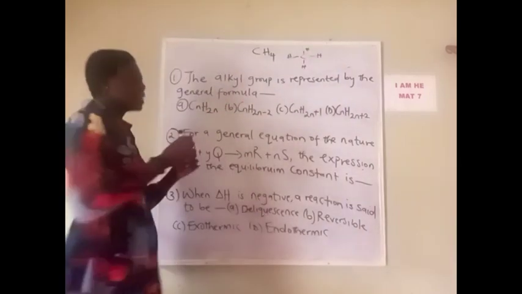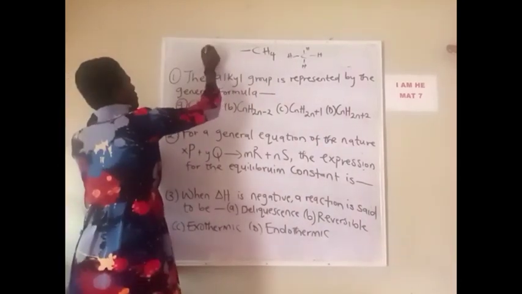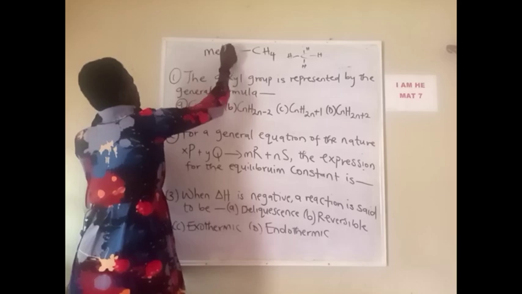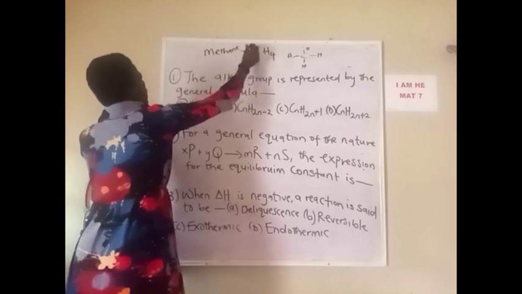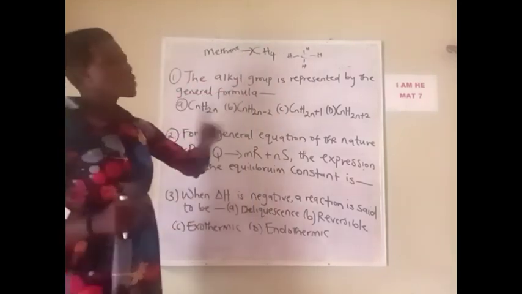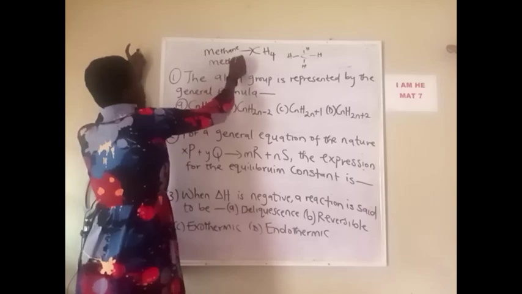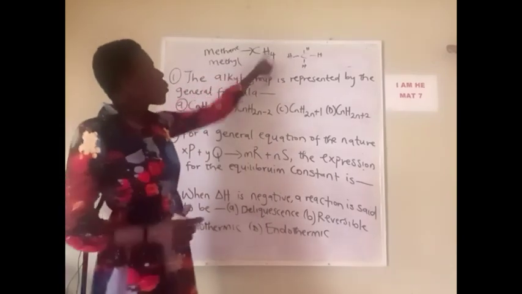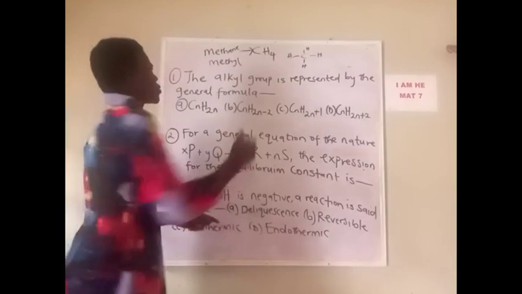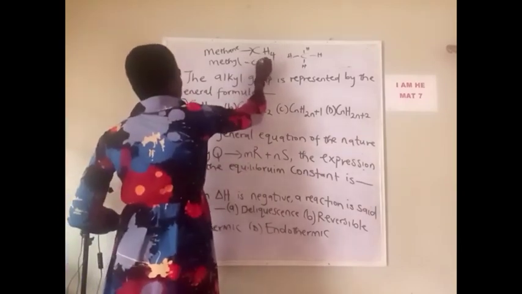This methane can become a methyl. How? Methane loses one of its hydrogens and becomes CH3.